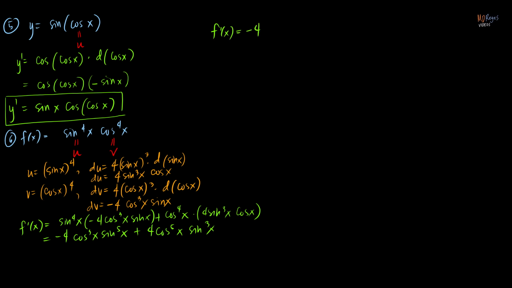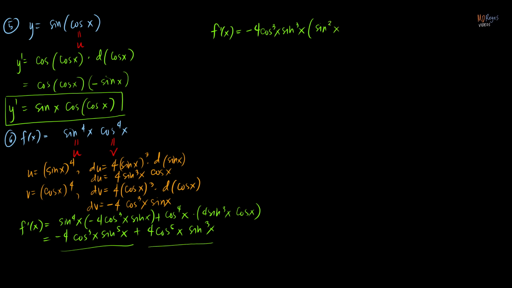Not just negative 4, we have cosine cube x, and you can factor out sine cube x also. Upon factoring this expression from the two terms, in the first term, negative 4 is factored out, cosine cube is factored out, sine cube is factored out, what's left is sine squared x.